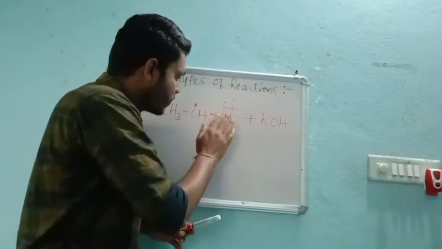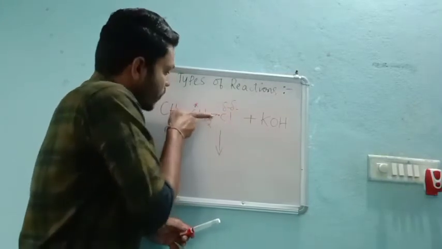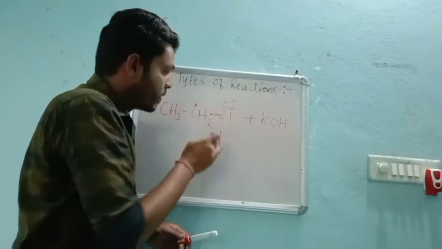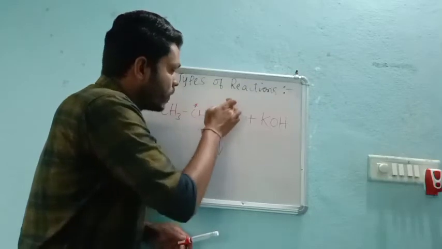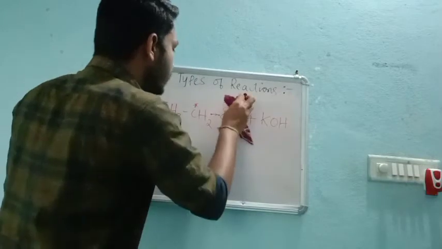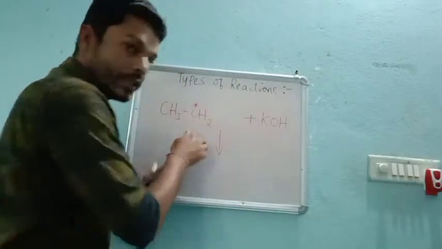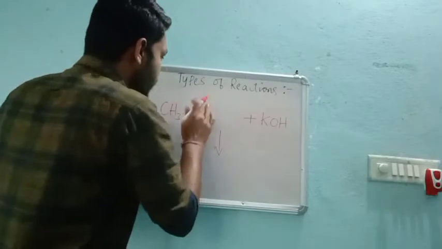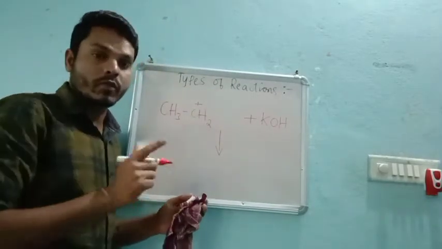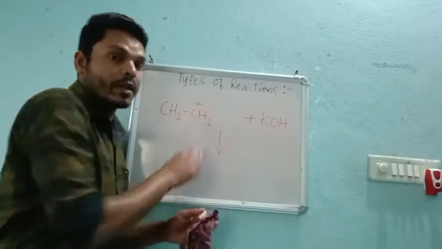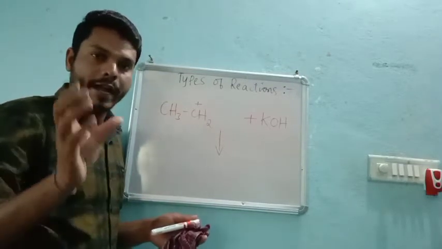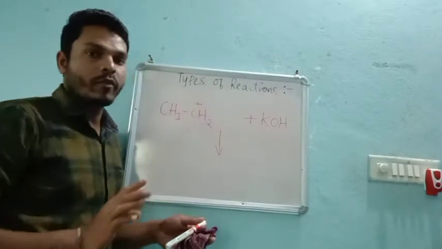As such, this bond will break between this carbon and this chlorine in such a way that these two electrons move with chlorine. That means here, who is the loser? Definitely this carbon. So onto this carbon, what charge should we expect? Positive charge. Why? Because this carbon atom has undergone a loss. Whenever there is a loss, a cation, that means a positive charge, will be formed.